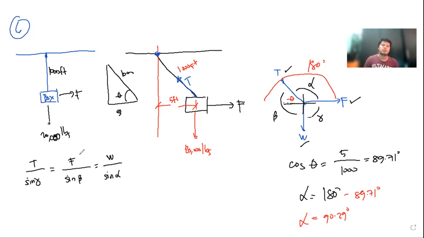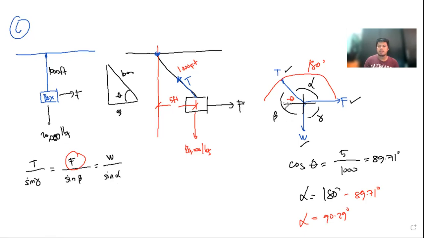So the unknown is F. Since the unknown is F, we need to find the angle beta, by the way.